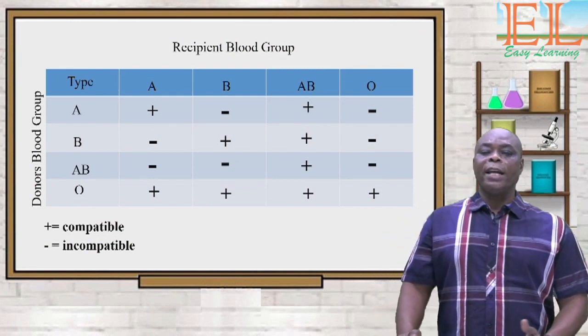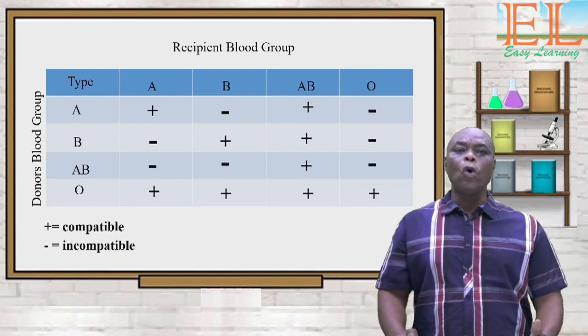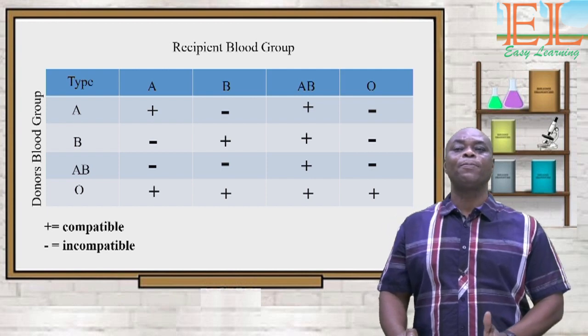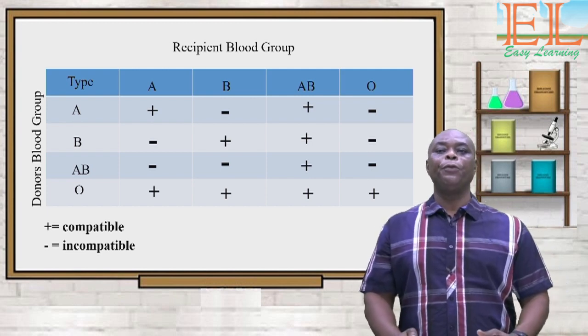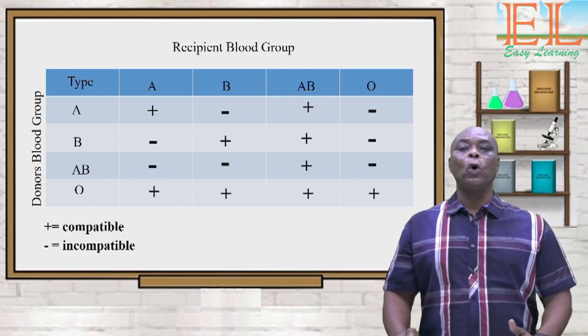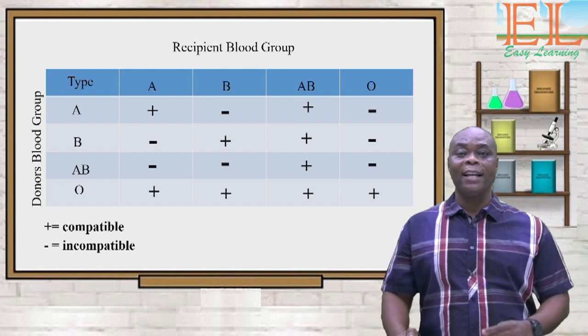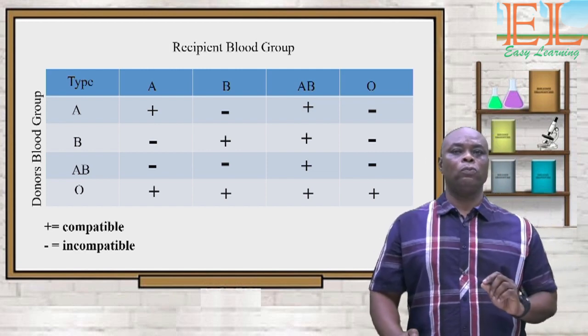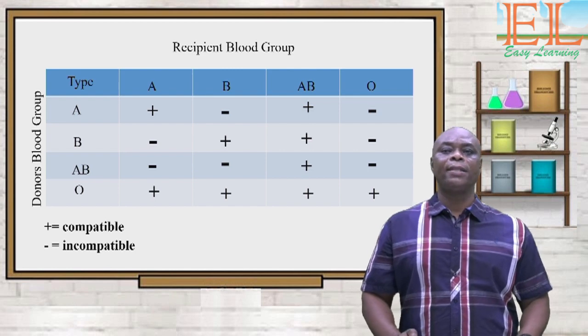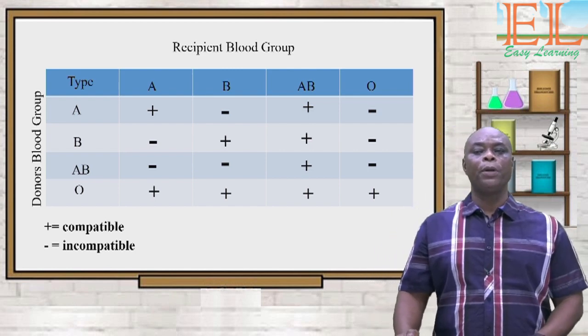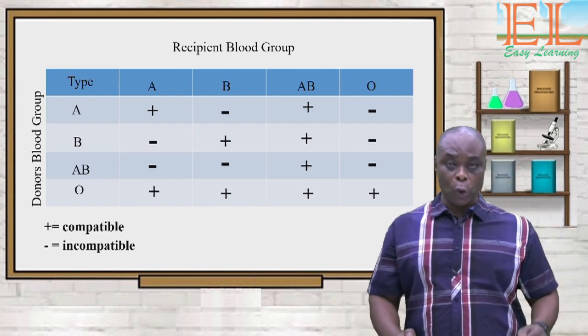Again, when we come to the donor's side, O has plus, plus, plus, plus for all. But if we look at the recipient side, O has minus, minus, minus, except for O. This means that O blood group is the universal donor.